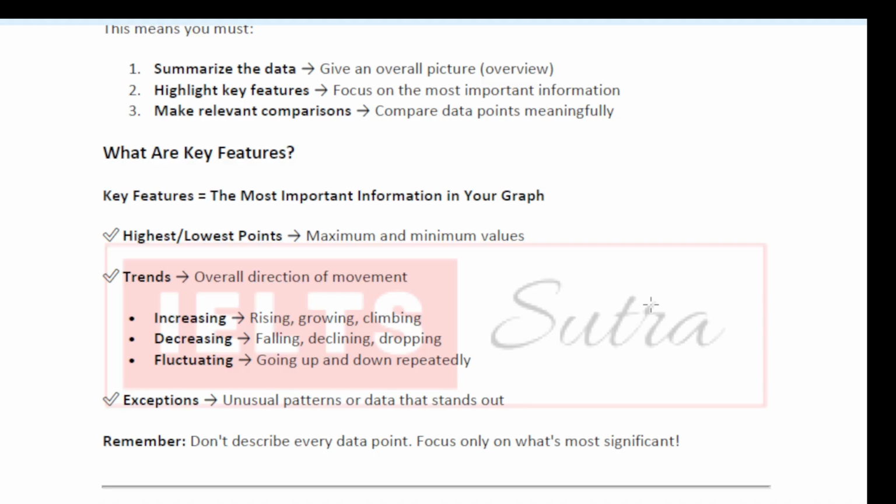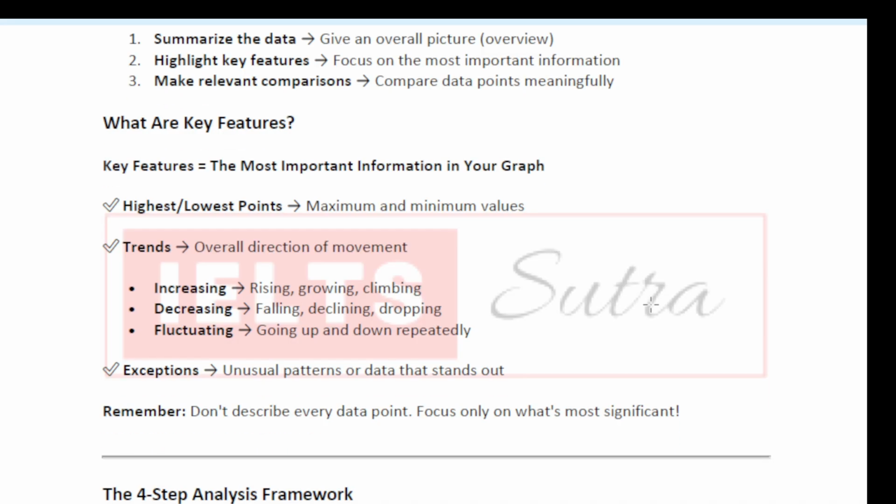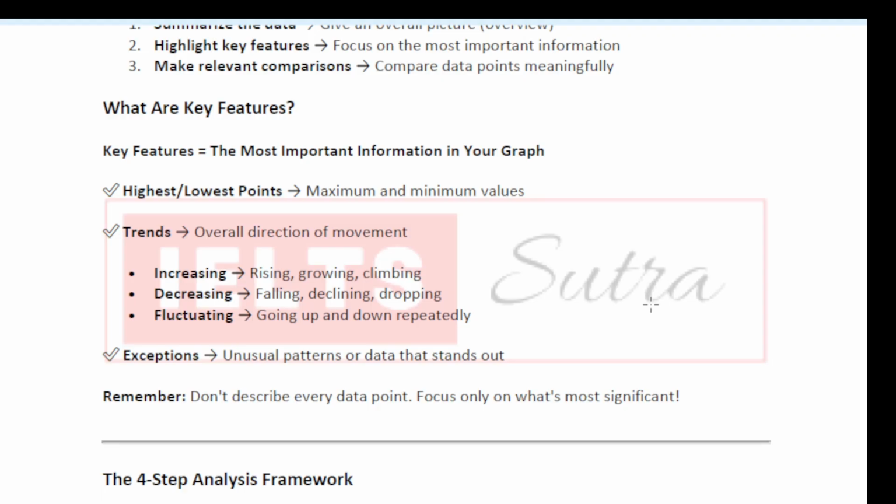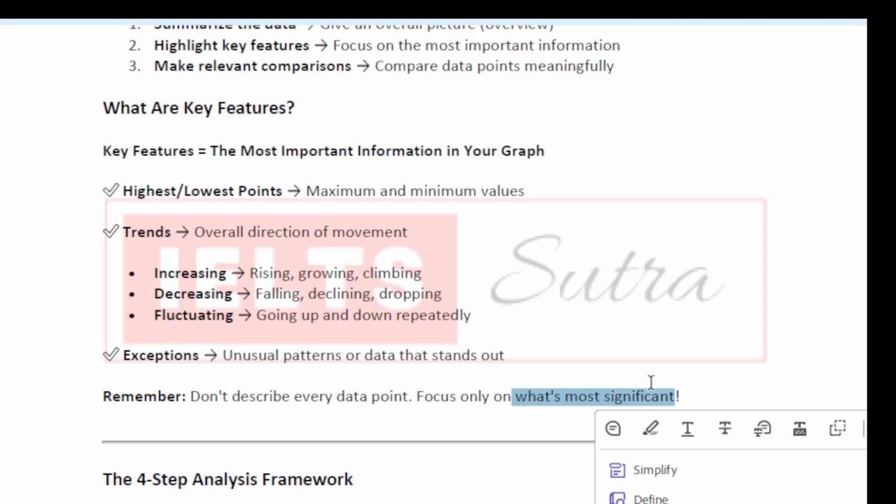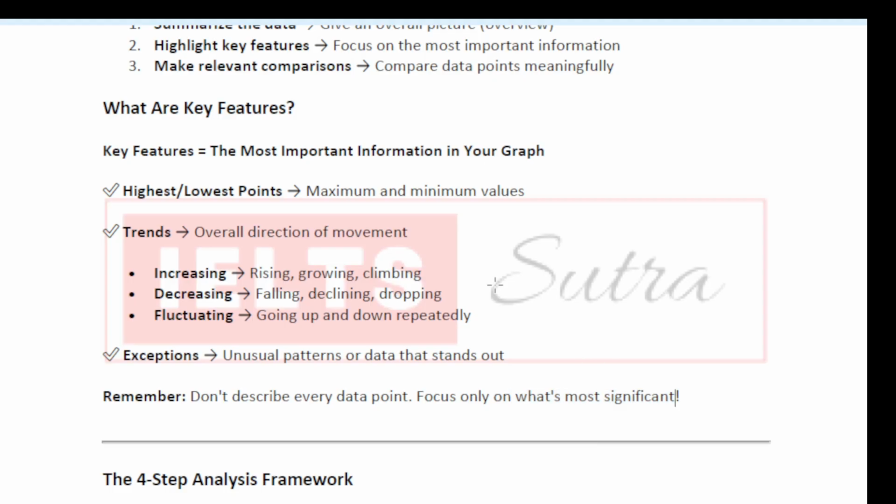So you can add that in your overview and mention it as a key feature. Remember, you don't have to describe every data point. You only have to focus on the most important thing in your data, that is, you have to summarize the data.